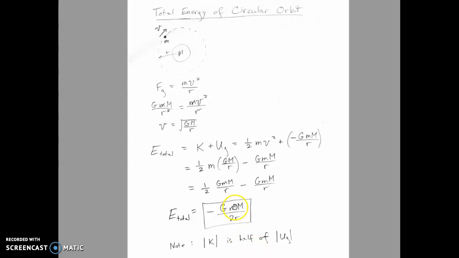Another interesting thing to notice is that this first term, the kinetic energy term, has a magnitude that is half of the potential energy term. So apparently for anything to be in circular orbit, like a satellite around the Earth, the kinetic energy is half of its gravitational potential energy.